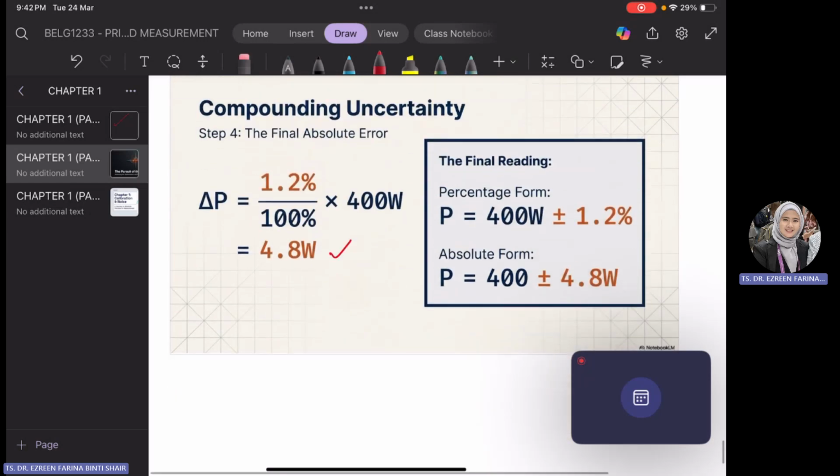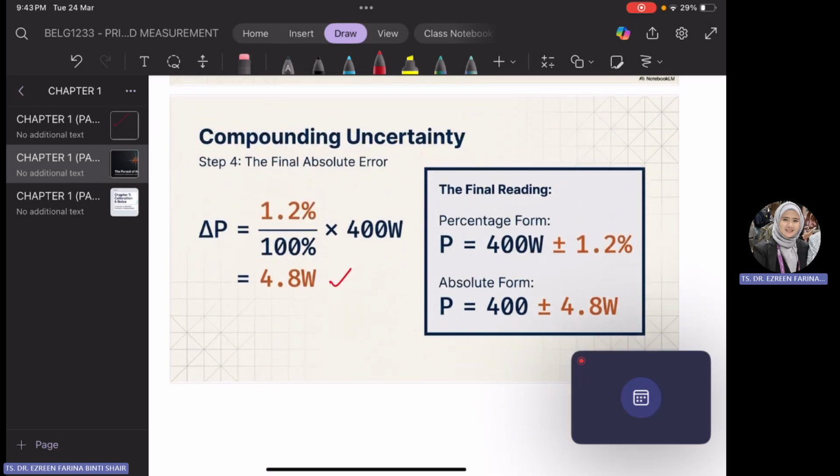So the final answer for the power and the limiting error: in percentage form, it will be 400 watts plus minus 1.2%. And in absolute form, it will be 400 plus minus 4.8 watts.